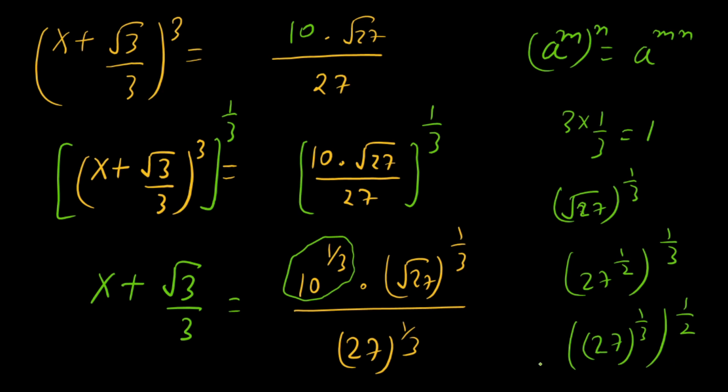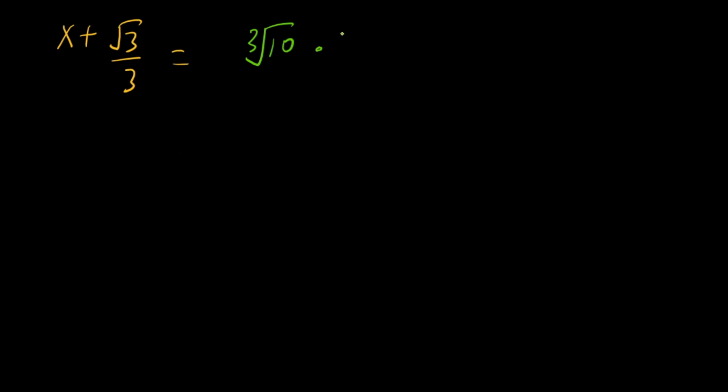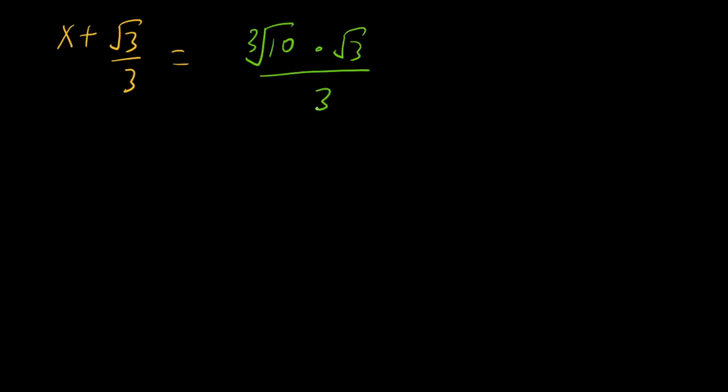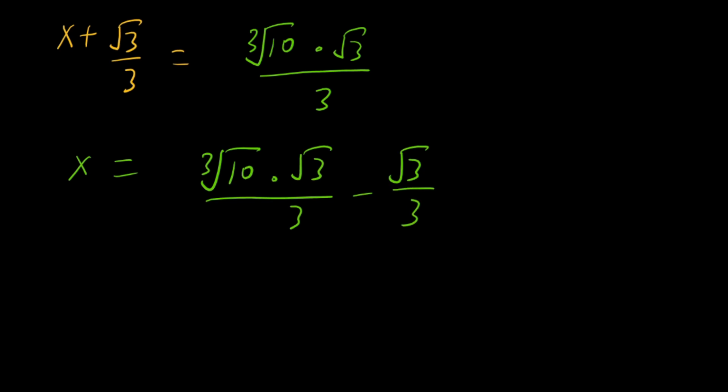So this is the same as √3. Now here is √3 and divided by, in the denominator 27^(1/3) is 3. So here 3. Now the value of x is cube root of 10 times √3 over 3 minus √3 over 3.